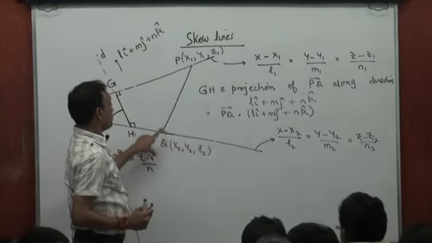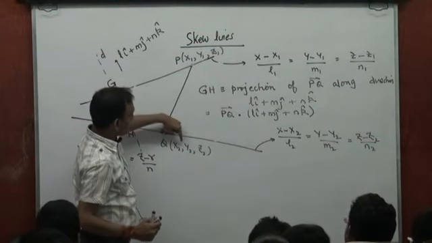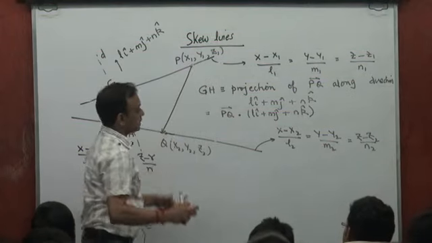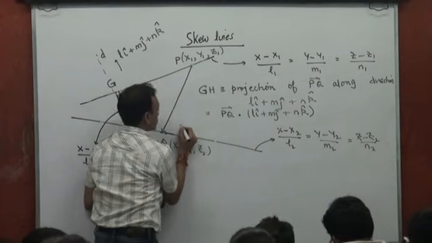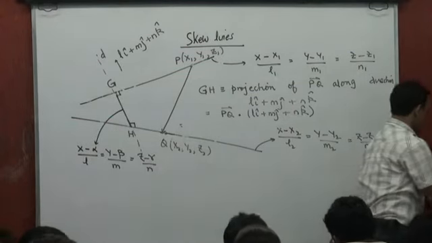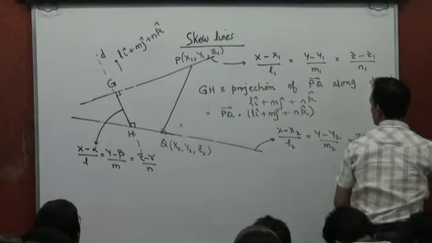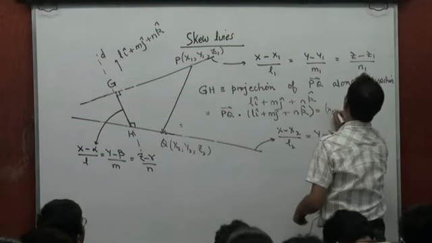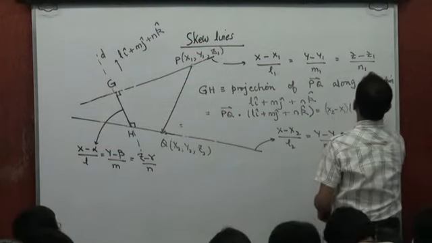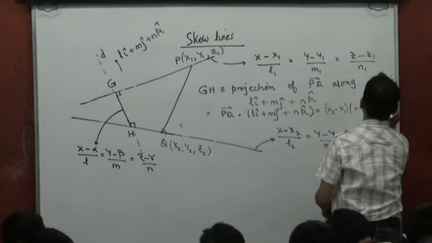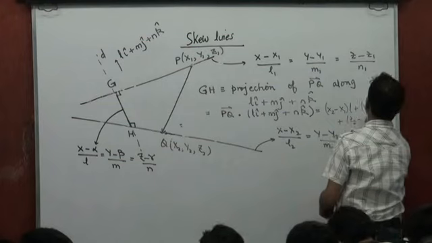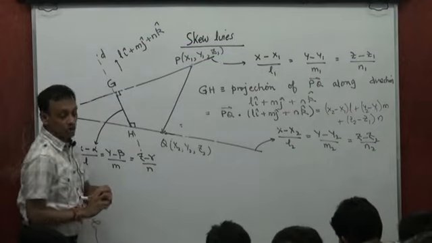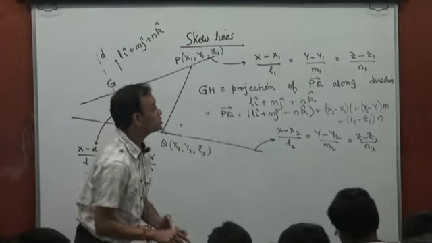Where PQ is (x2 minus x1) i cap plus (y2 minus y1) j cap plus (z2 minus z1) k cap. That's PQ, and PQ dot this is GH.